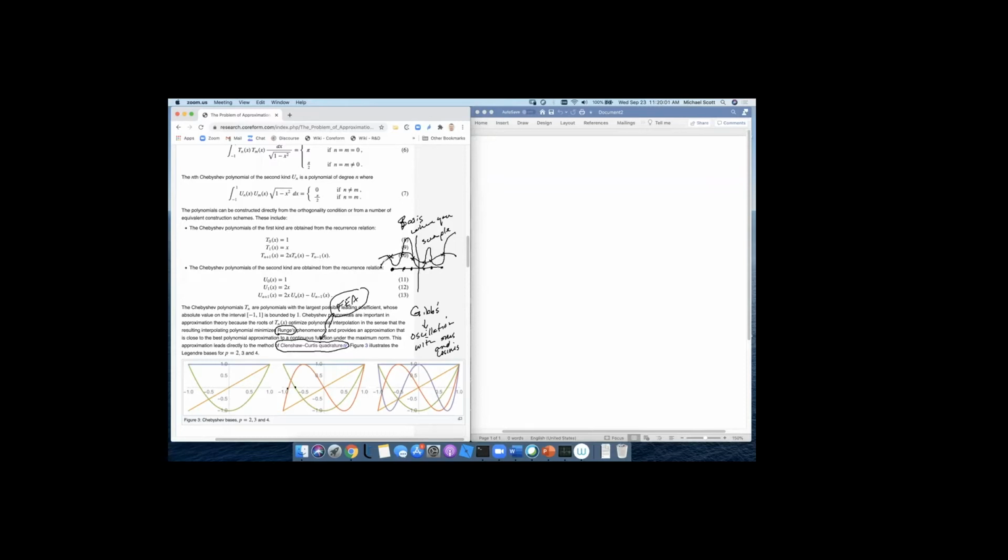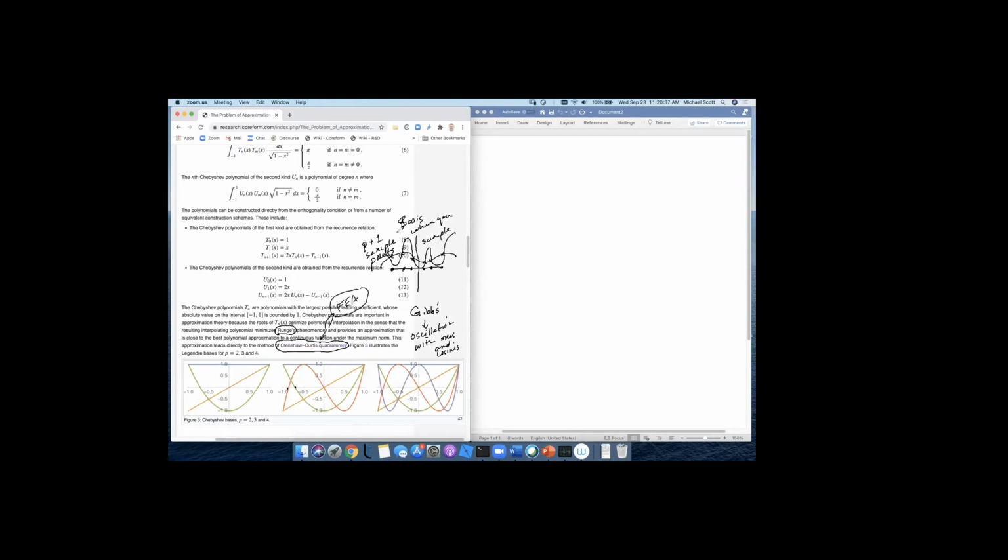But what I mean is, if you want to try and sample a function with a polynomial, and let's say you have pth order polynomials, then you know that in order to have a rank sufficient operator, you have to have p plus 1 sample points. And the location of those sample points has a dramatic impact on the quality of the interpolating polynomial that you compute.